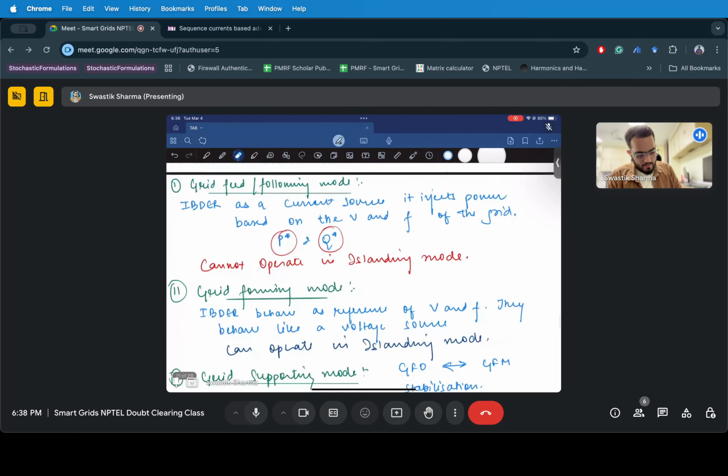Right. Let me give you some examples. PV systems are generally configured as grid following, and batteries, if they are in grid connected mode, behave as grid following.